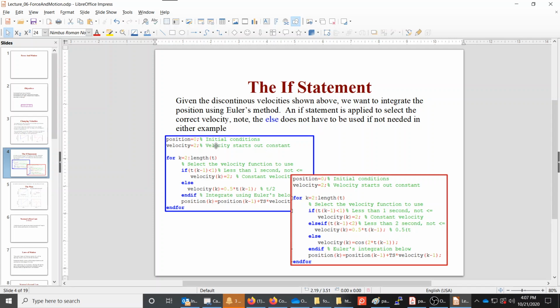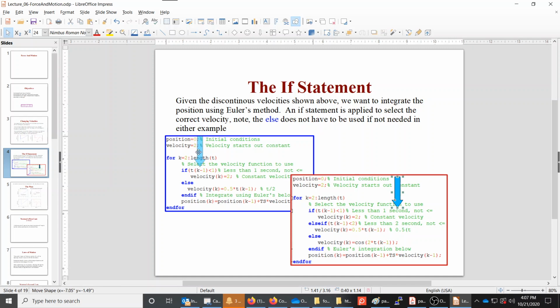What we're doing here with the if statement is this: we were given in the problem that the change is going to occur at a time of 1 second. Let me get my arrow here.